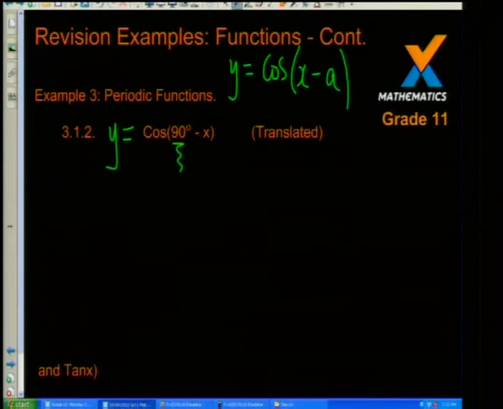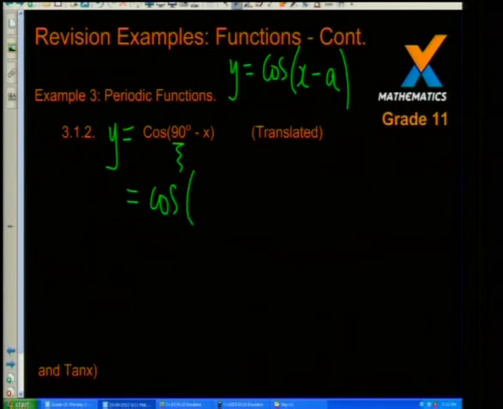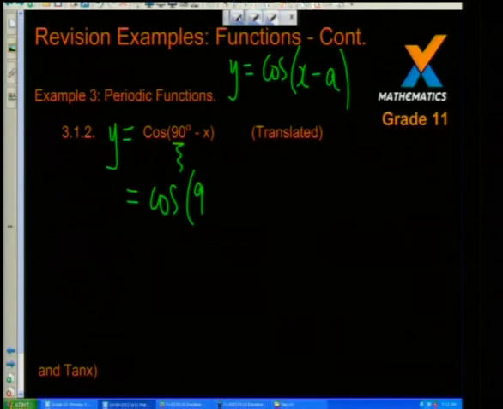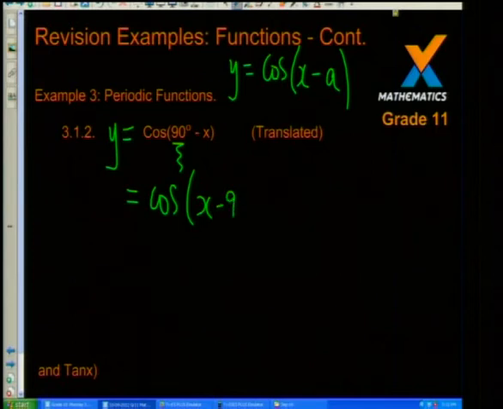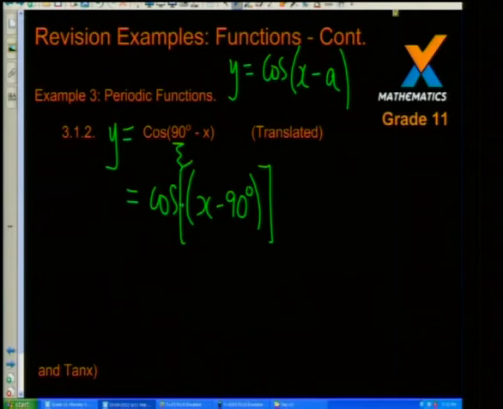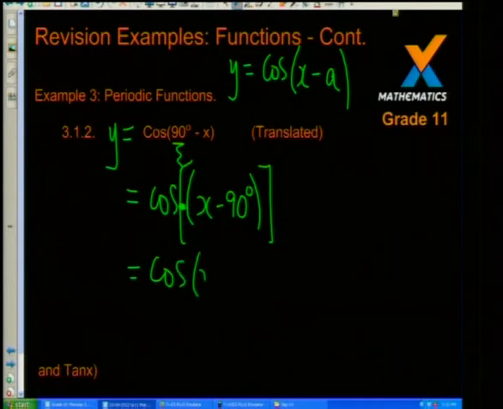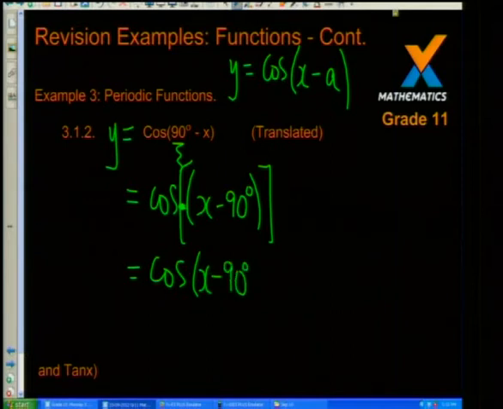All right? In this case, if I want to write it as x minus 90 degrees, I will have to make sure that there is a minus outside that bracket. So it's like I've got cos of minus an angle. Cos of minus an angle ends up being the same as cos of that angle.